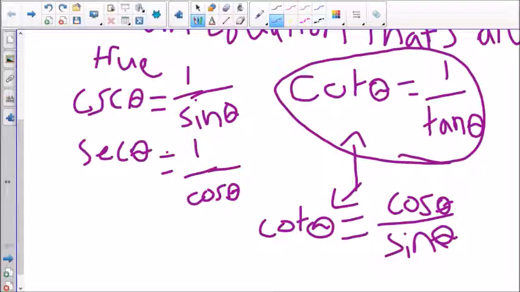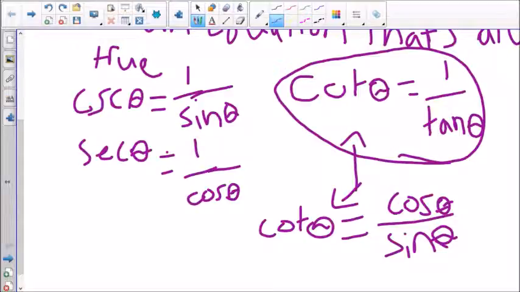It seems counterproductive because it looks like there's more to deal with, but in reality, it could change everything into just cosine and sine values, which makes the whole process of proving the identities a lot easier.